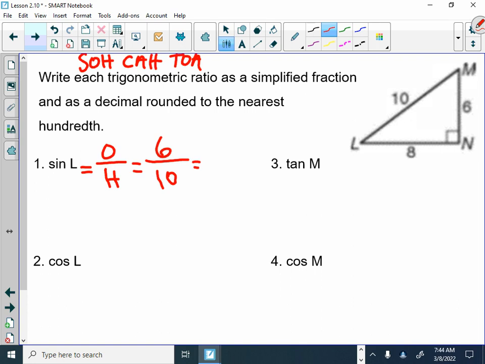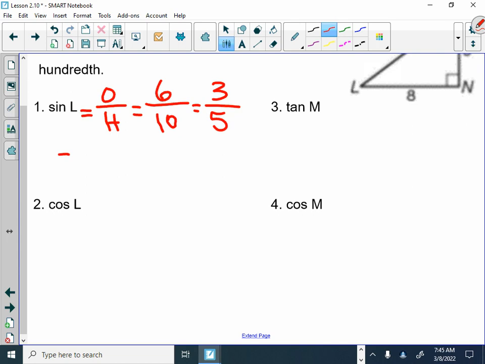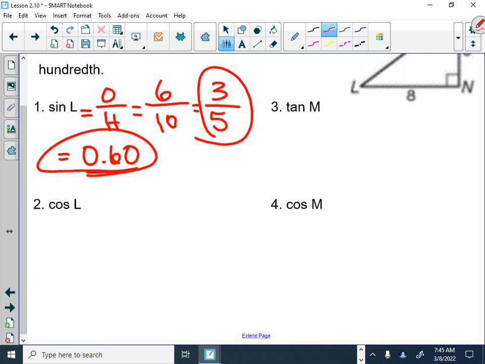I can divide both of those by 2. What is 6/10 reduced? 3/5. Good. And then in your calculator, 3 divided by 5 or 6 divided by 10, it doesn't matter. Should be 0.6, or 0.60 since we were asked to round to 2 decimal places.